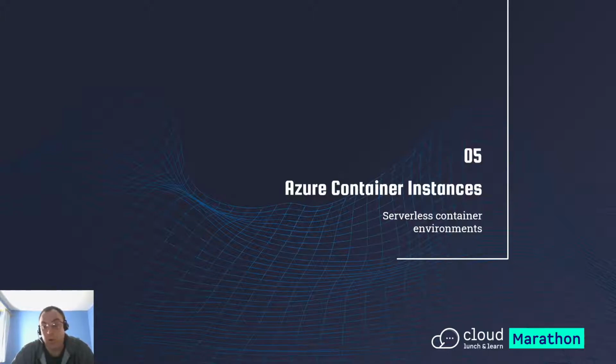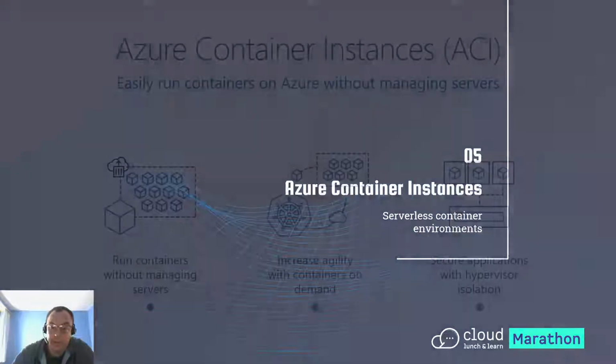These are, of course, all great use cases when it's really necessary, but sometimes you just want one or two containers to run for a limited time, or you just have a small process that needs to be continuously running, which doesn't really warrant a big AKS cluster. And that's where container instances are super relevant.